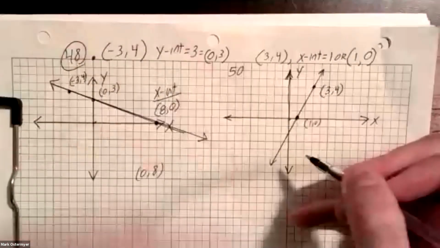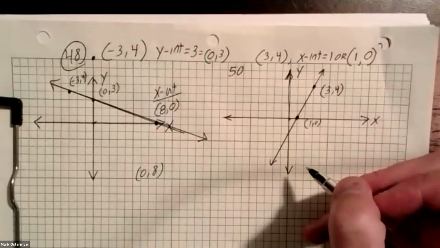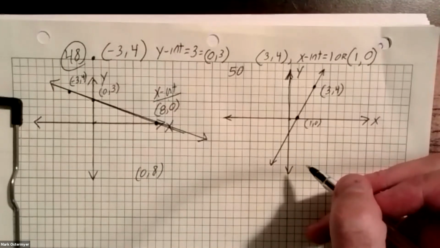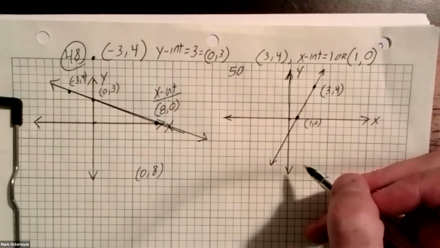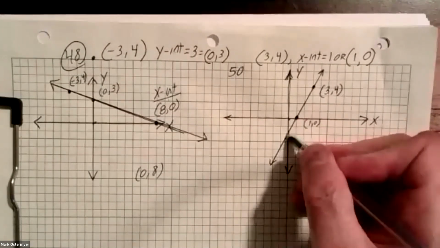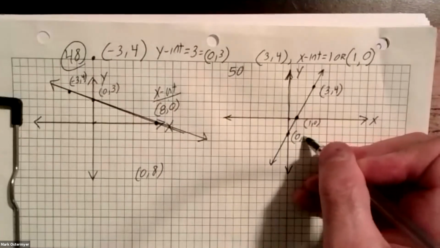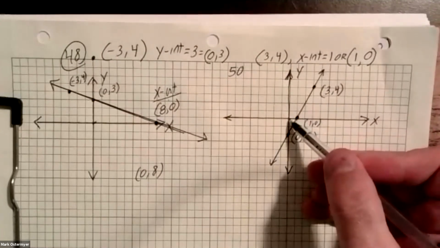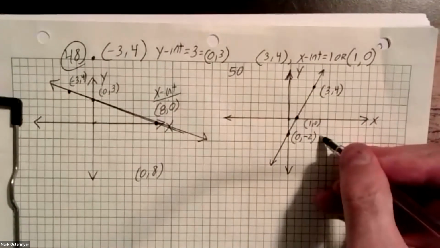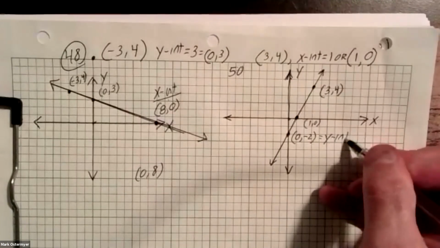And what does the y-intercept appear to be? Where is my y-intercept? It's -2. Yeah, it's right down here: 0, -2. That's your y-intercept.